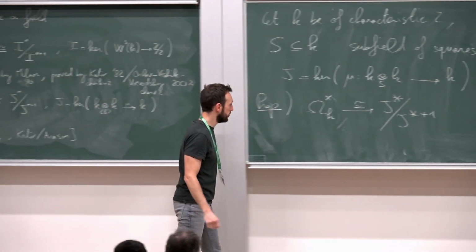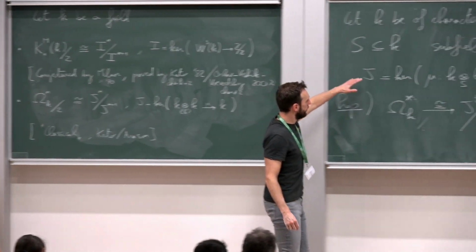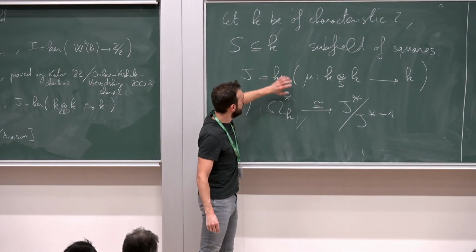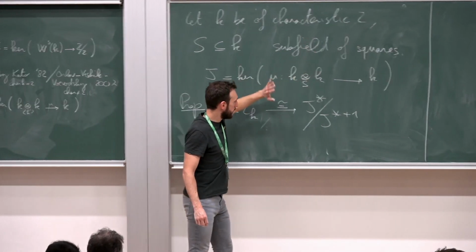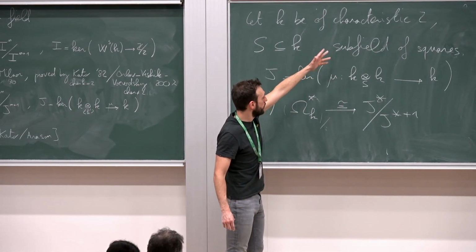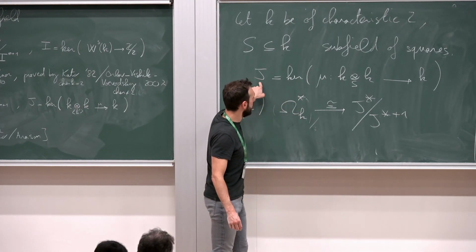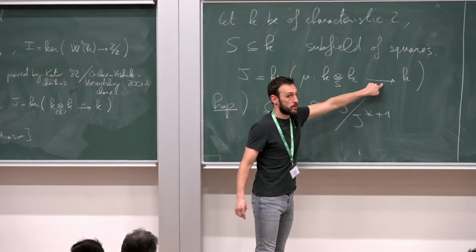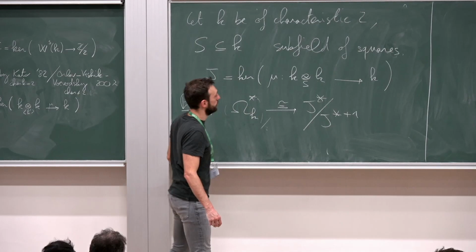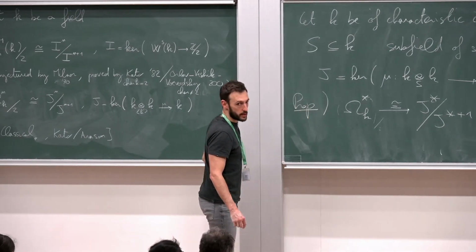But the point is that as soon as 2 is invertible, this ideal is also 0 because this map is an isomorphism, it turns out. So this is really interesting only in characteristic 2.